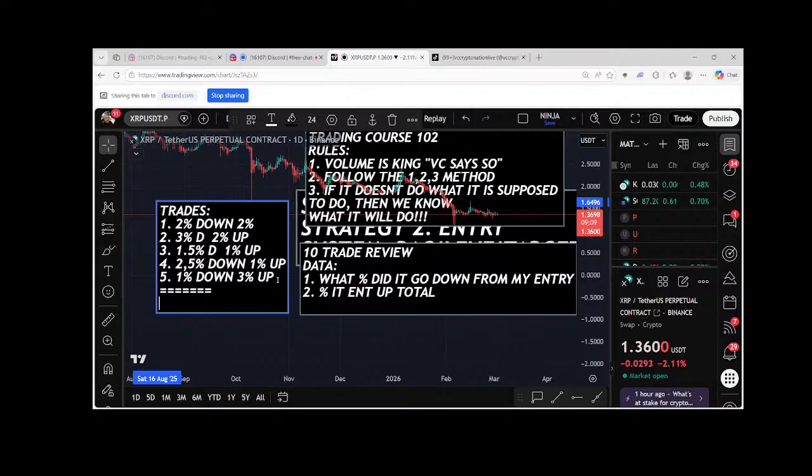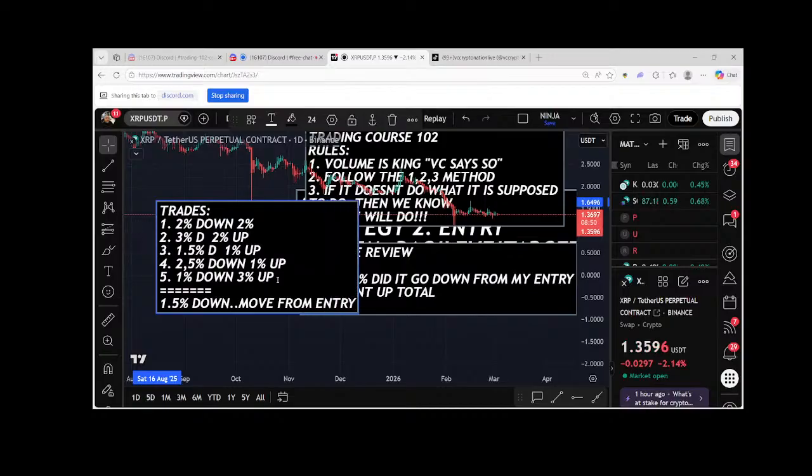And we can see that on average, 7 out of 10 trades went at least 1.5% on average down. So we have a 1.5% down move from entry. And then I can see here that my up percentages are 2%, 2%, 1%, 1%, 3%. So I have an average of 2.5% up, right?